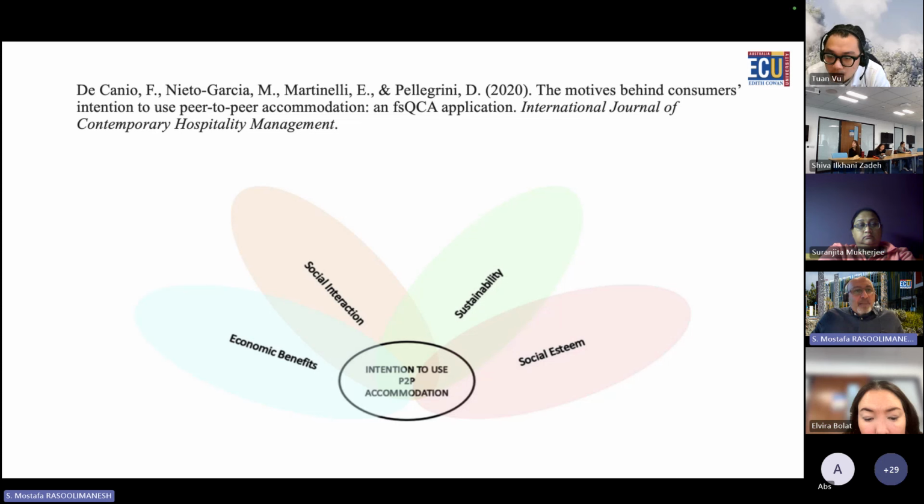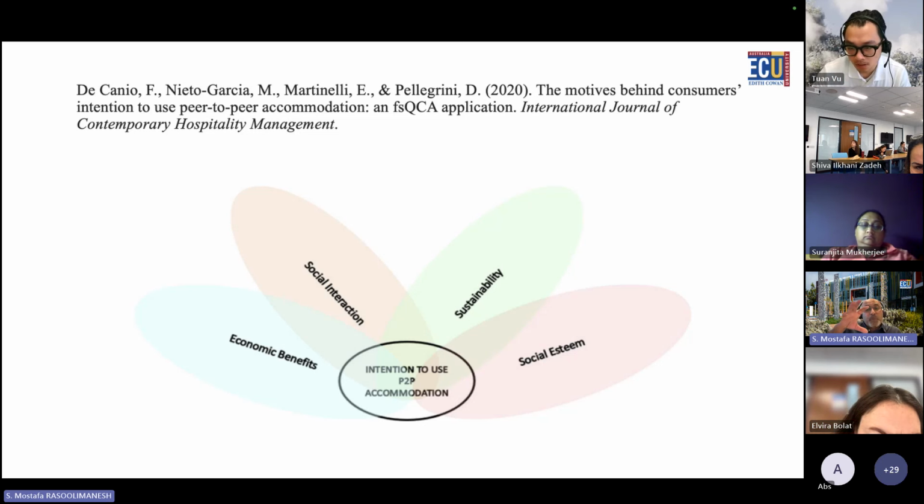Here are some examples of studies that apply fsQCA. I mentioned that it is for complex situations. Here you can see we have 4 factors: social esteem, sustainability, social interaction, and economic benefit that influence intention to use P2P.